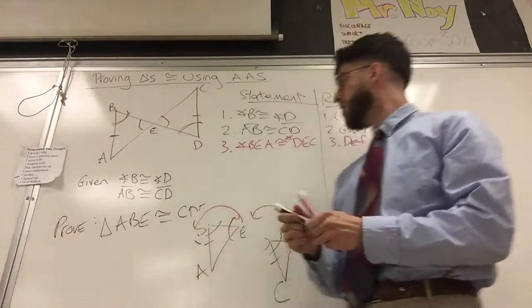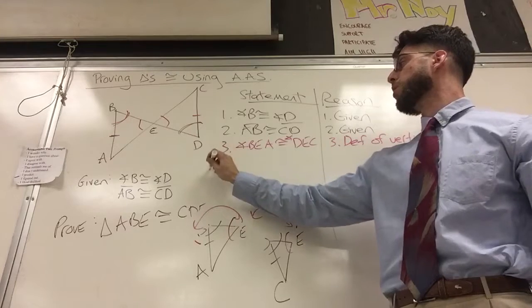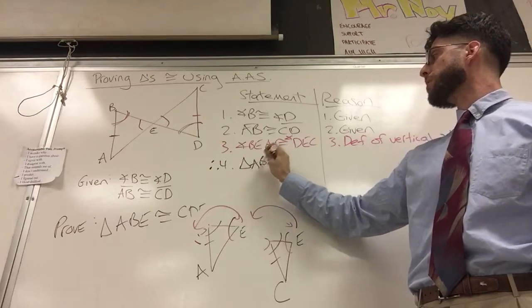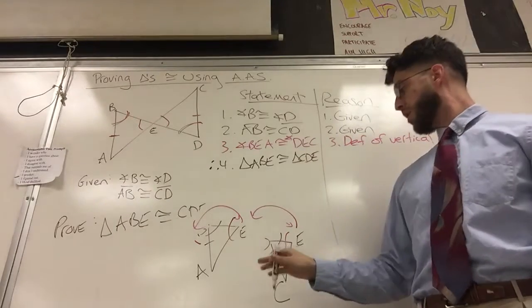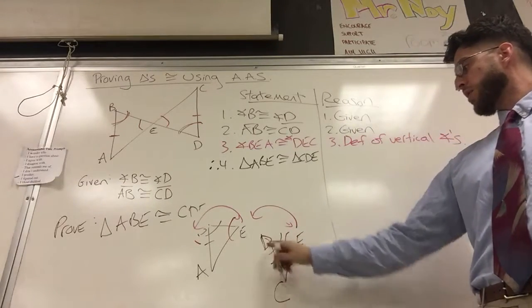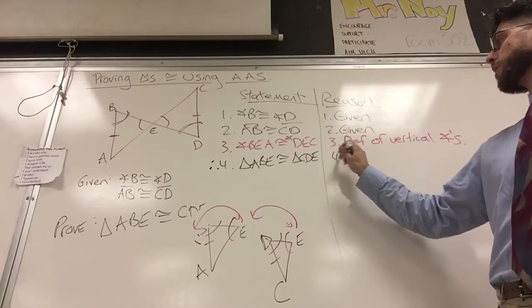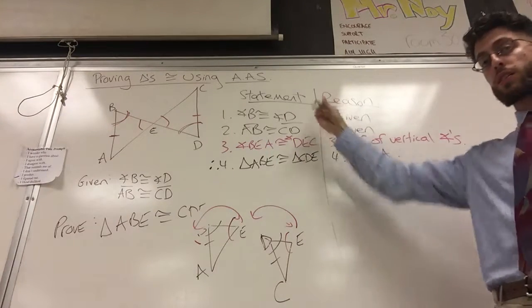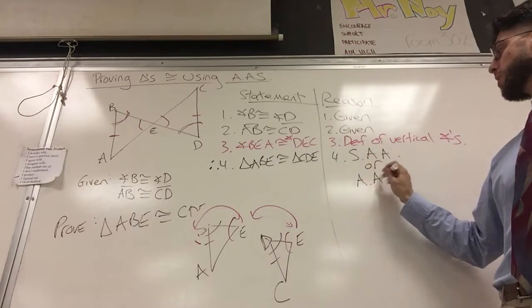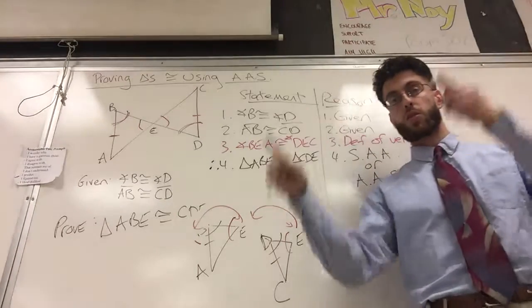So I'm done. I'm ready to say, number 4, conclusion, triangle ABE is congruent to triangle CDE. Why? Because side, angle, angle, or obviously the title of the video, angle, angle, side. It's the same thing, just depends on which order you go in.